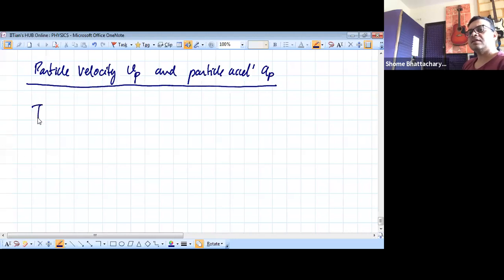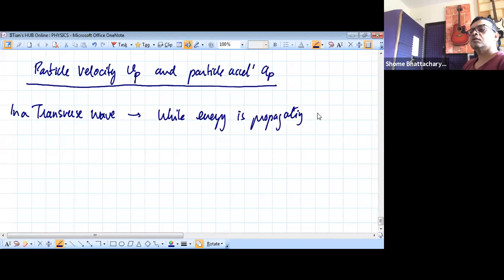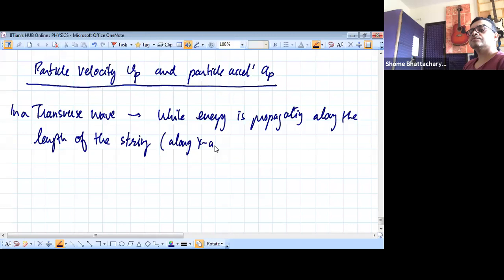So what happens in a transverse wave is, while energy is propagating along the length of the medium, in this case the string, so that is along the x-axis, the medium particles themselves are not displacing along it.